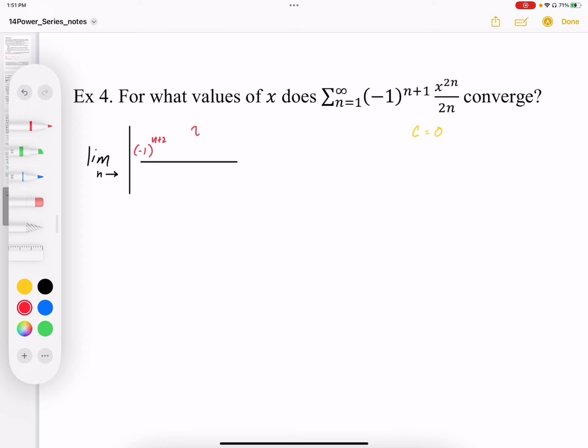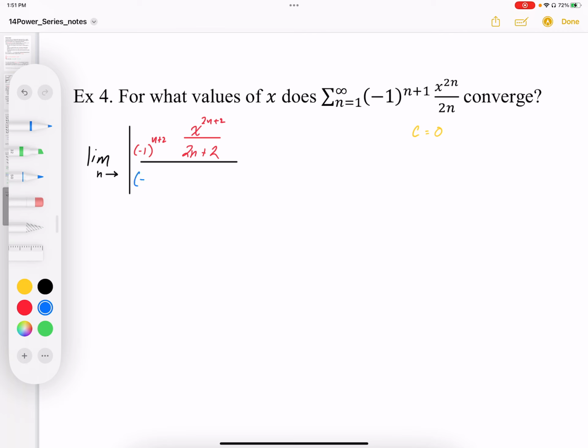We have x to the power 2n plus 2. When I substitute in n plus 1, I get 2 times n plus 1, so I get 2n plus 2. And in the denominator, I'm going to end up with 2n plus 2. The denominator of that was the denominator of the numerator expression.